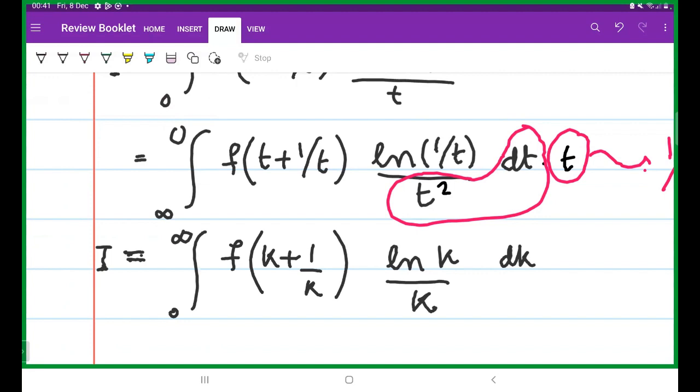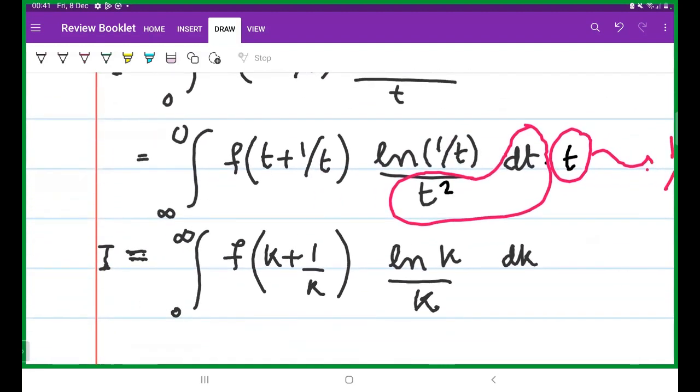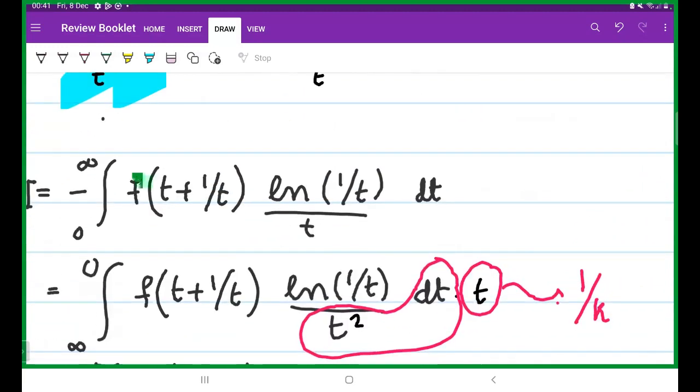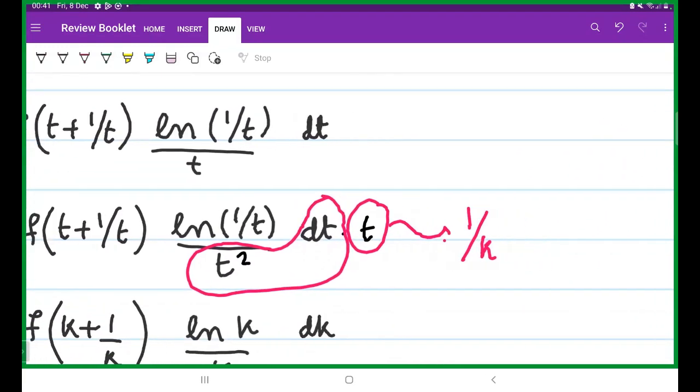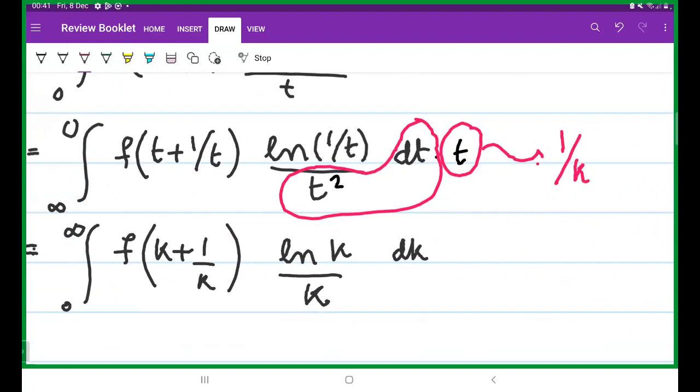Oh yeah, I made a minor mistake here. You see, for this thing to be dk, basically it is minus dt by t square, right? So we'll also have a minus here.